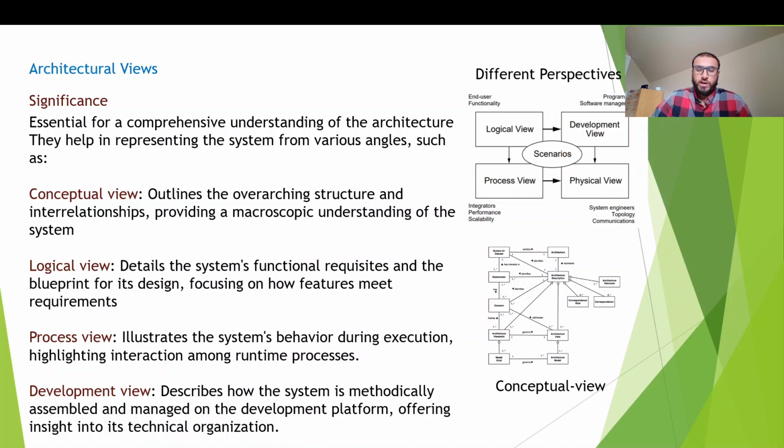It outlines the general structure and how each system is interrelated, and gives a very good macroscopic understanding of the system. This picture on the right side here shows an example of a structure.